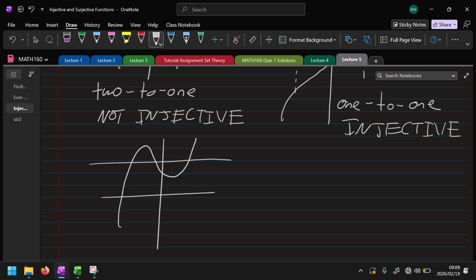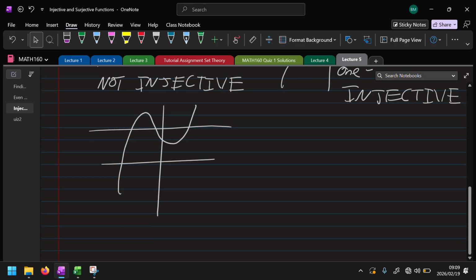We have 3 to 1, not injective. Does everyone see that? So 3 x values give us the same y value. It is not injective.